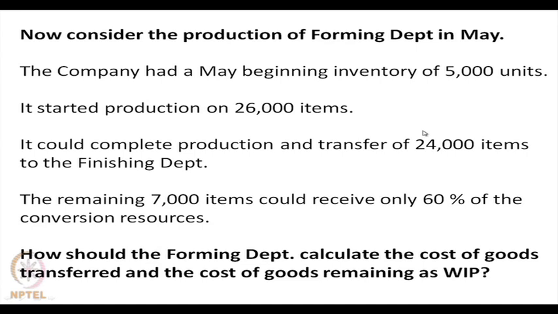Now, consider May. Recall that in April there was no inventory, no work in process in the forming department, but at the end of April there is a work in process now available to the extent of 16,500 rupees, or in terms of units 5,000 units which were semi finished, and they are retained in the forming department because the work was not complete.